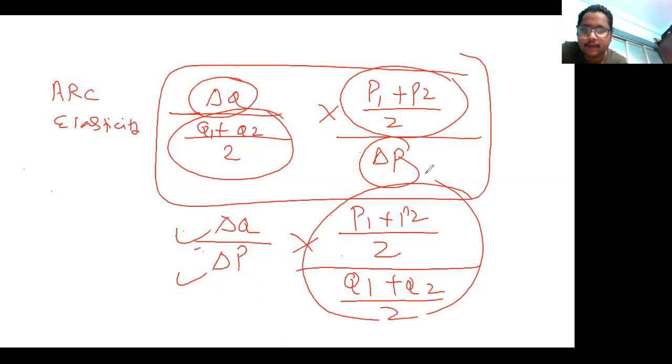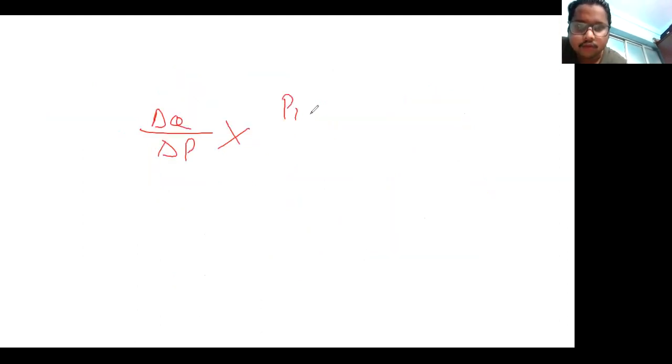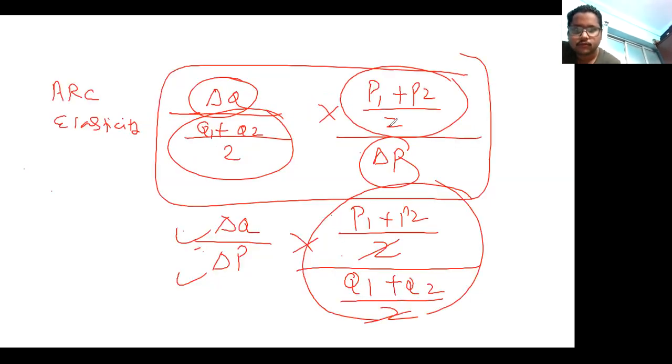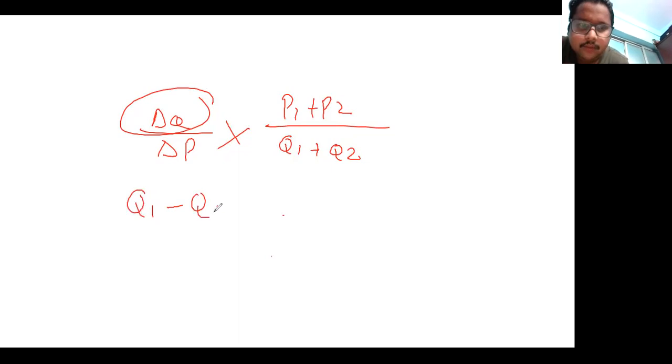So now let's simplify delta Q by delta P into, now what happens, this 2 and this 2 cancel out. So now we'll get P1 plus P2 the whole divided by Q1 plus Q2. And now for delta Q, we know delta Q is the change in quantity demanded, so Q1 minus Q2.